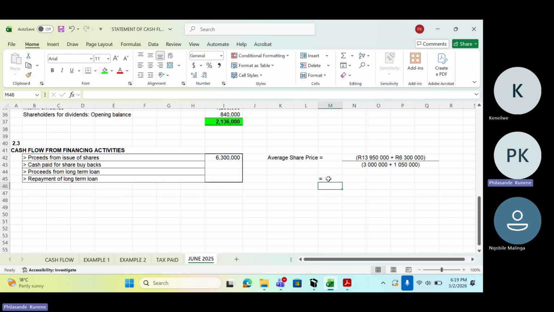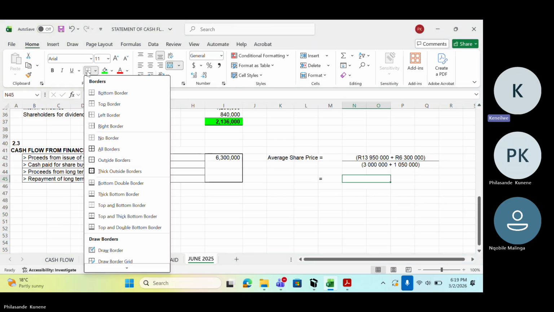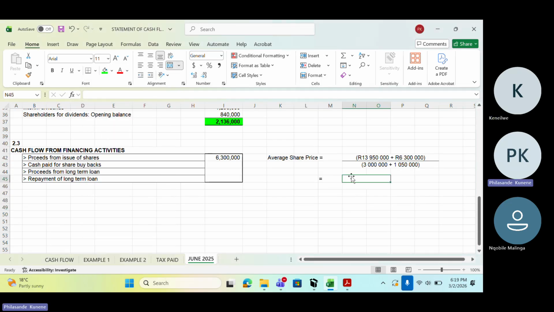Then if I add the two amounts on top, how much am I getting? 20,250,000. Okay, like this now. And then the number of shares is going to be 4,050,000.